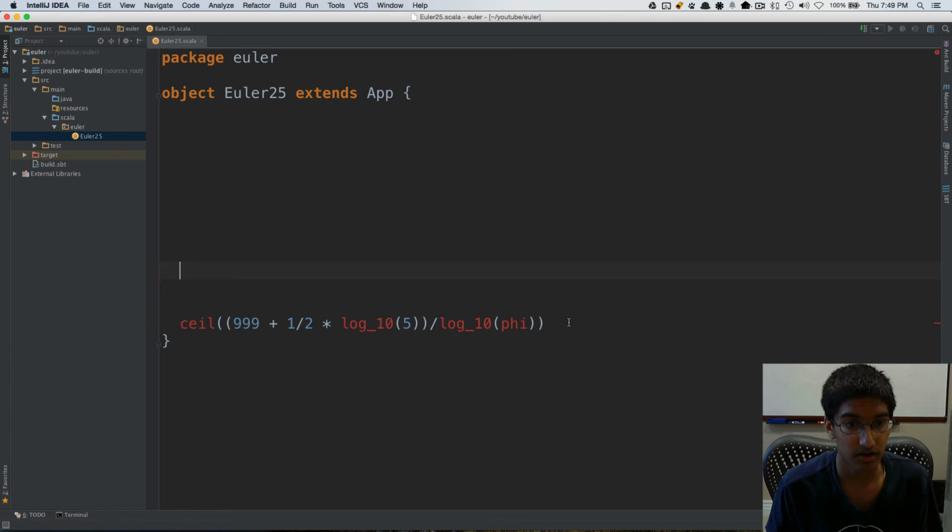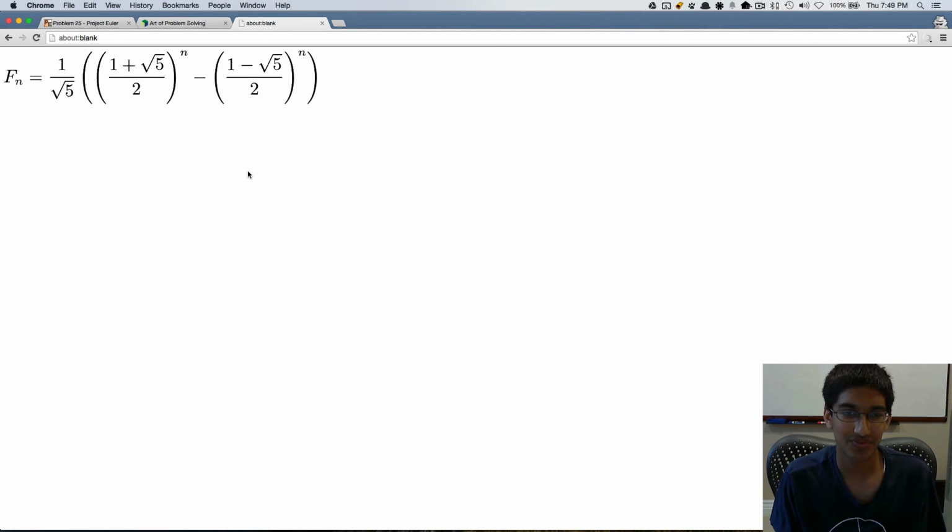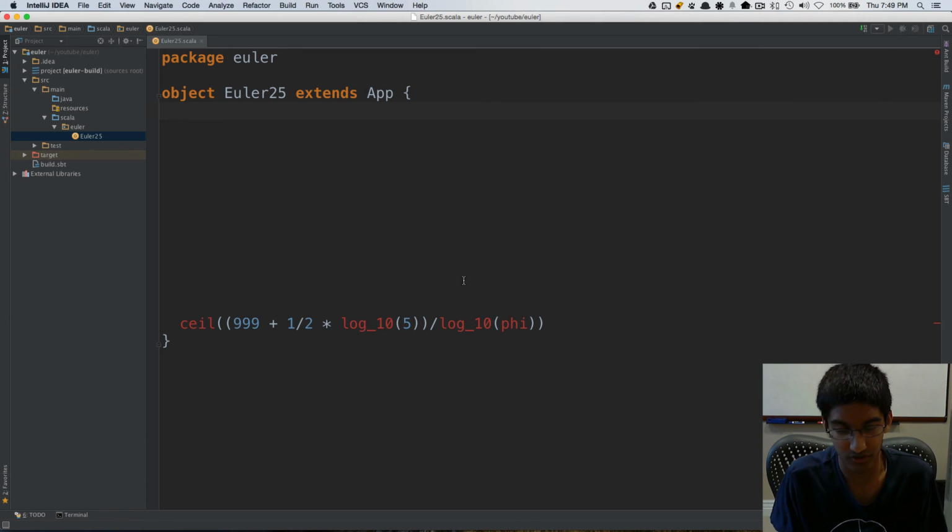And now we need to actually implement this. So the first thing we need is this phi. Now that we're in Scala, we can actually do a few cool things. Since we're dealing with a numerical constant, in our math we would draw it as this Greek symbol phi.